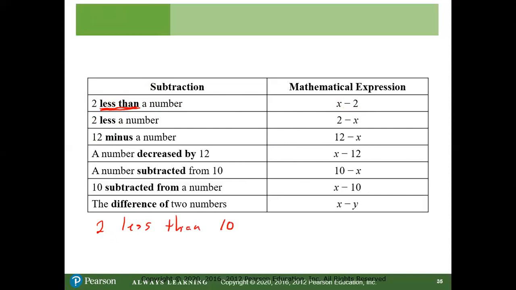You all know that 2 less than 10 is 8. You get that by taking 10 and subtracting 2 from it. So you must switch the order, because if you don't, 2 minus 10 is negative 8, which is not the same as 8.